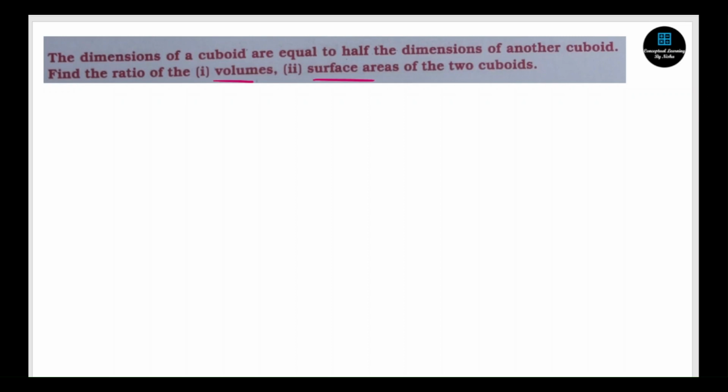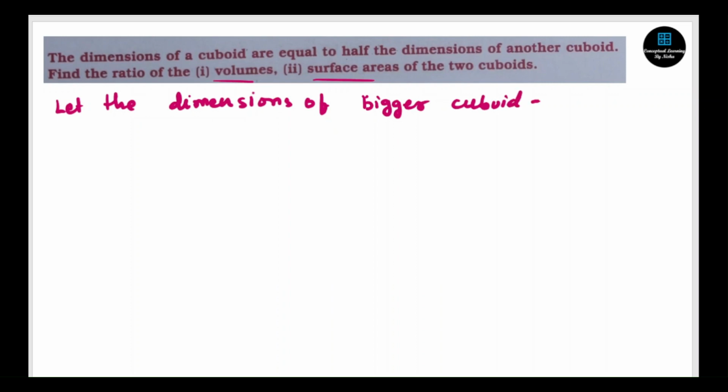So what I'll take, let the dimensions of the bigger cuboid, okay, equal L into B into H. Okay, and now the dimensions of the smaller cuboid.